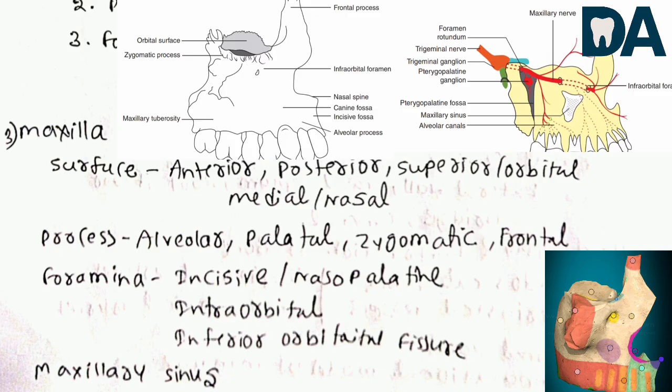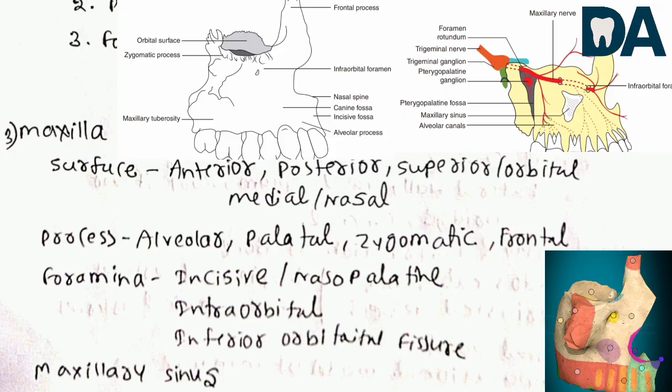Maxilla has a sinus. Surface: anterior surface or facial surface. This surface faces forward and is angulated laterally. It displays the following features: incisive fossa.